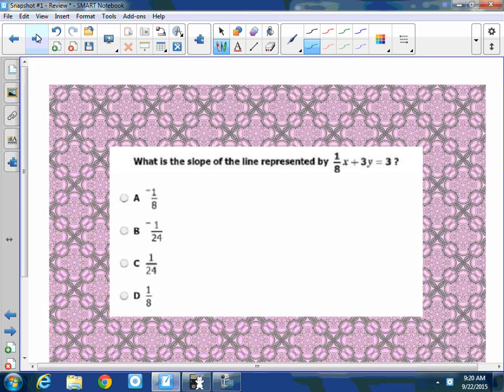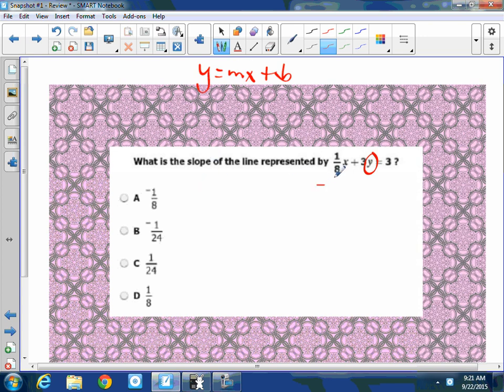All right, the next one. Stop. Try it out. What is the slope of the line represented? Again, we need to solve for y right here to figure out the slope. I'm going to make it into slope-intercept form so that I know what my slope is, that m right there.